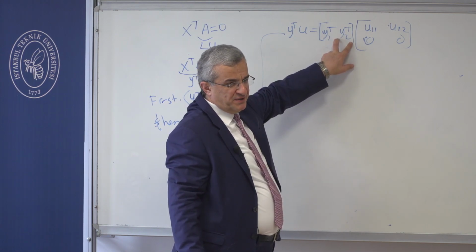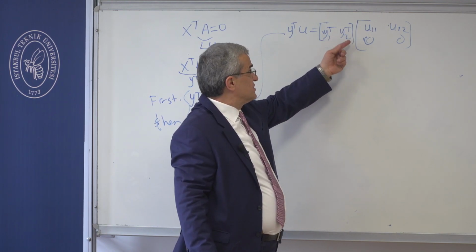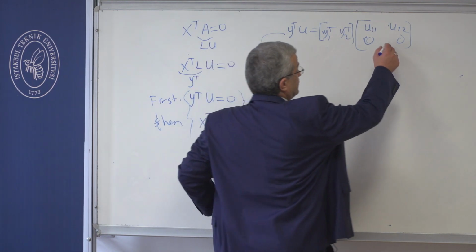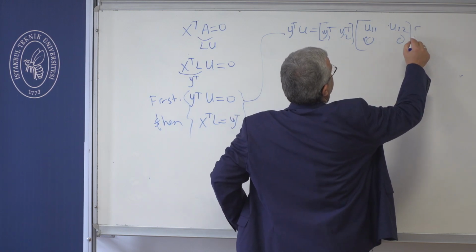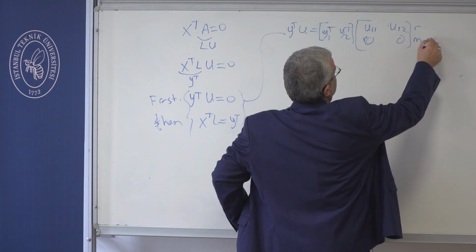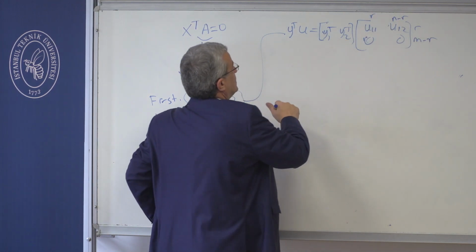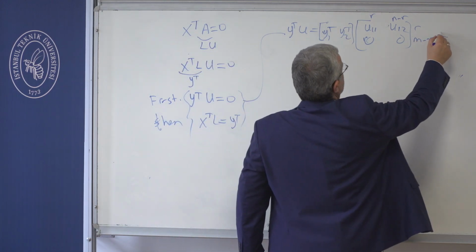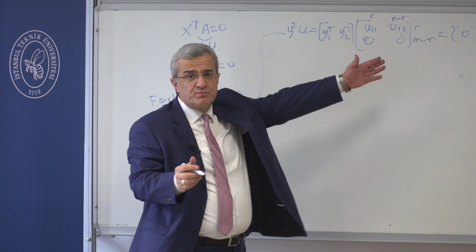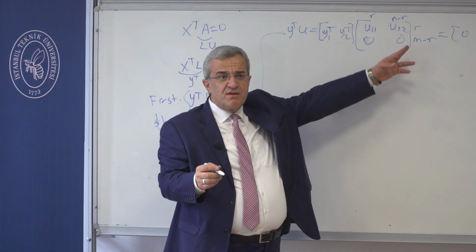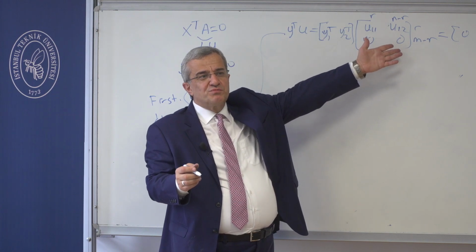M minus R. So we have M rows, therefore this is R, this is M minus R. So this is R, M minus R, this is N minus R, and this is R. Okay, so this has to be 0 for Y. Why does it have to be 0, by the way? Ibrahim, why does it have to be 0? Why am I forcing it to be 0?